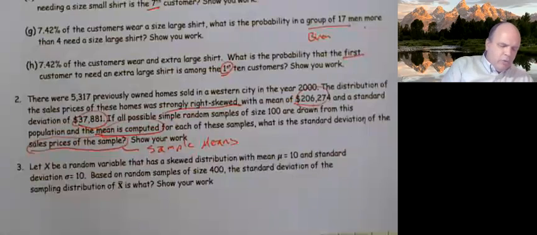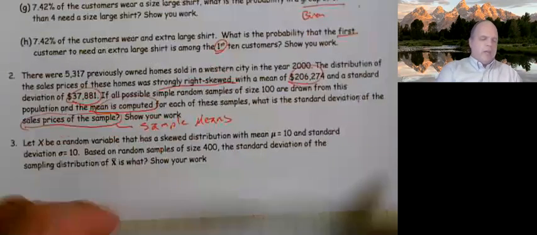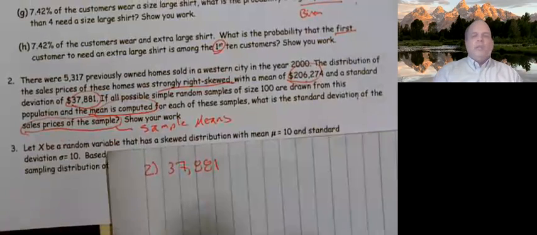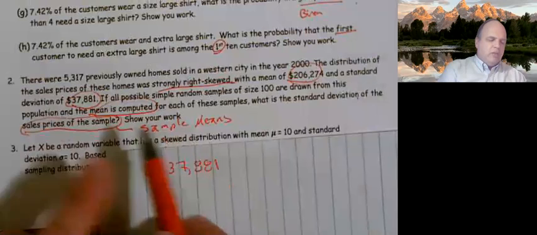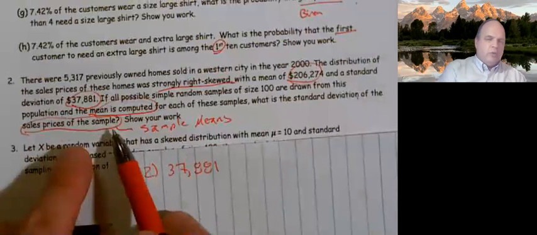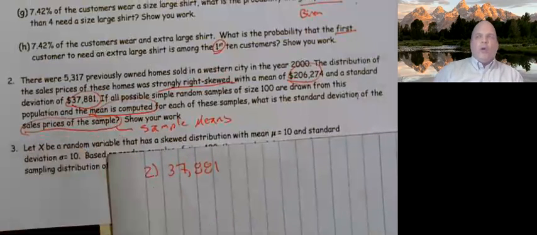So number 2 is just 37,881. We can't divide by the square root of n because it's not the sample means. It's just the distribution of the sample. I'm going to hold off questions until I do number 3 because I want to contrast this with number 3. I think that's going to be helpful.